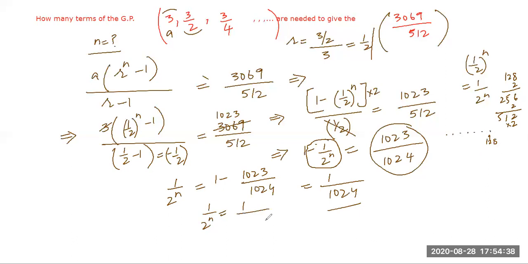So this is exactly 2 raised to power 10. So we take reciprocal of this, 2 raised to power n is equal to 2 raised to power 10. So what do you get, Ishma? n is equal to 10.